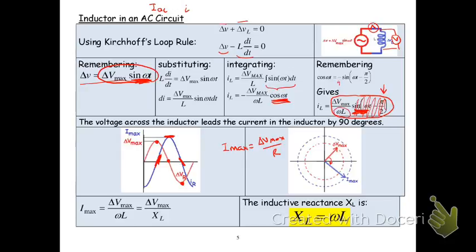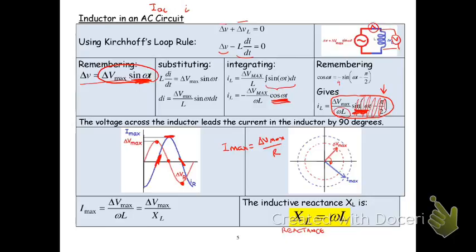I is equal to delta V over omega L rather than over R. So maybe I can make up a new term, and instead of R, I have this thing called reactance. Not resistance, but reactance, and it's given the symbol X. And I have an inductive reactance, XL.